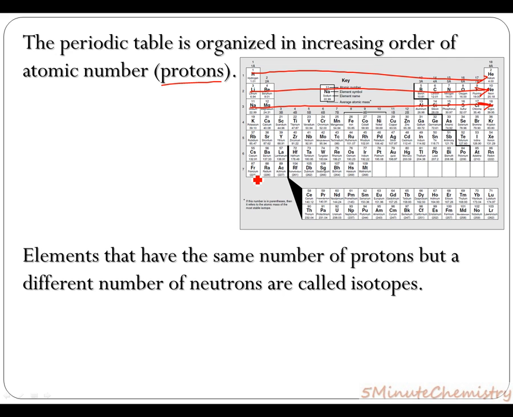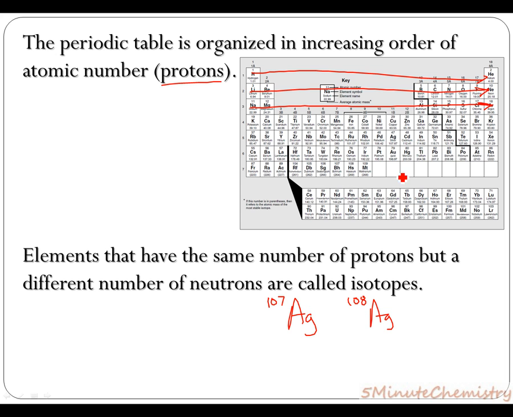Elements having the same number of protons but a different number of neutrons are called isotopes. Okay? So an example of that would be silver. Silver has an average mass of 107.87, which means it's likely that silver has a 107 and a 108 massed isotope.